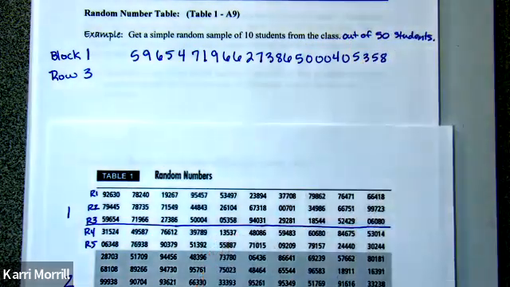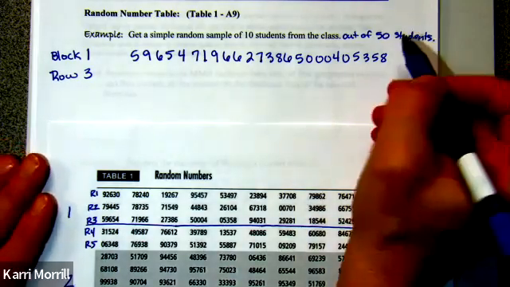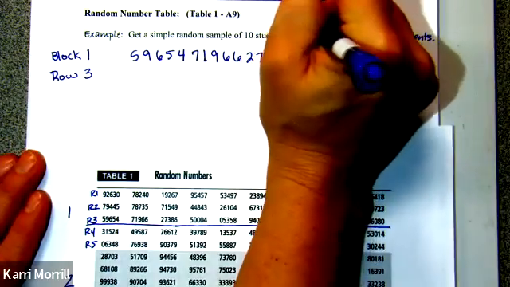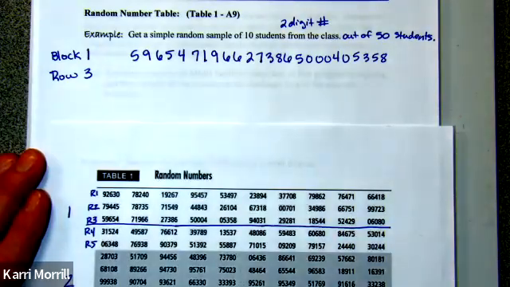Okay, so what you're going to do is, if you were having to do this manually, there's actually apps and things that do this for you now, but to get a random sample of 10 students from the class out of 50 students, what you want to do is, because this is a 2-digit number, we're going to separate these numbers here by 2s.